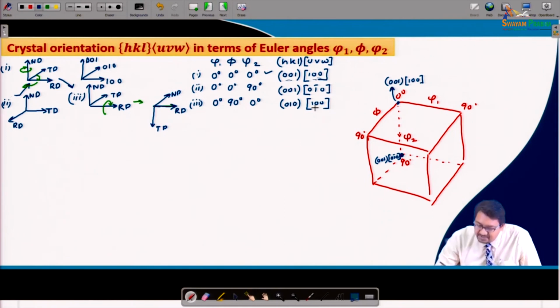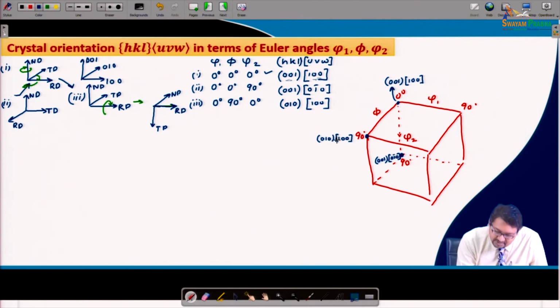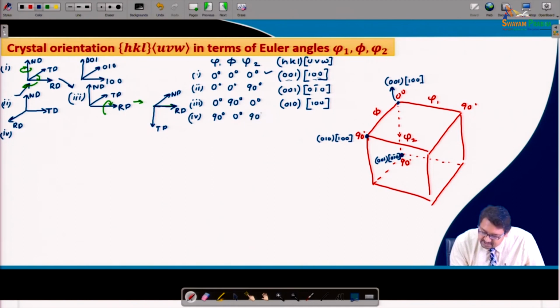So, I can show the position in Euler space, that is phi 1 is 0, phi is 90 and phi 2 equal to 0. So, this position is basically 0 1 0 1 0 0. Now, let us check the fourth condition. The fourth condition, let us say it is 90 degree, 0 degree and 0 degree.